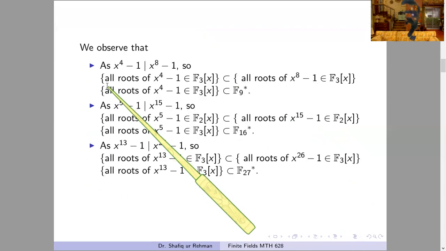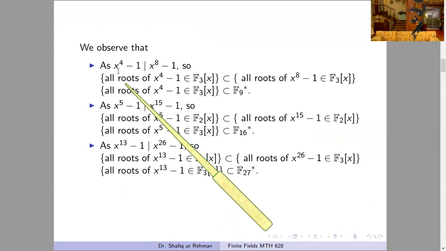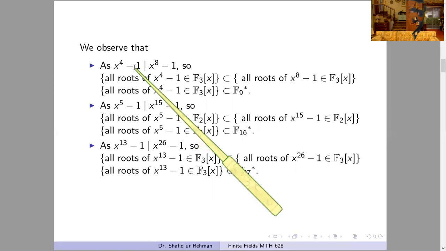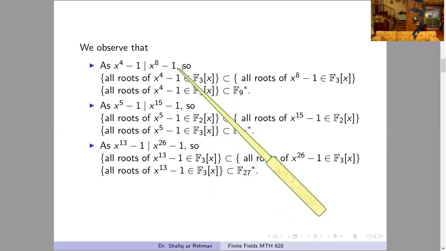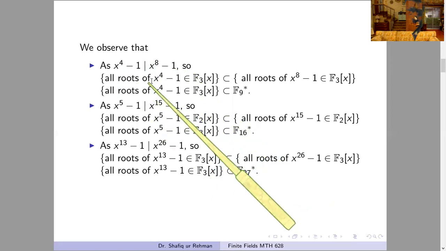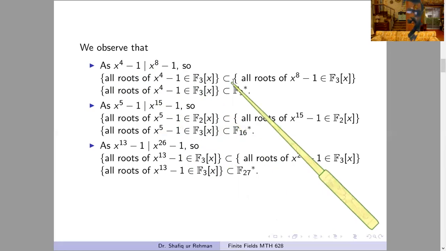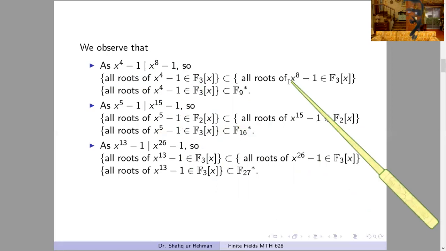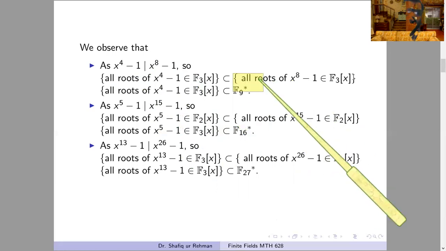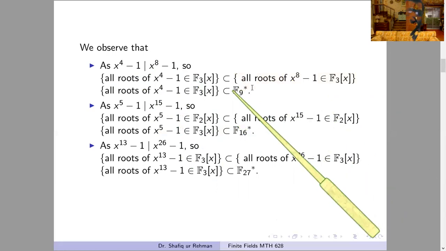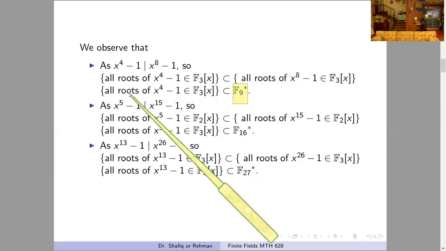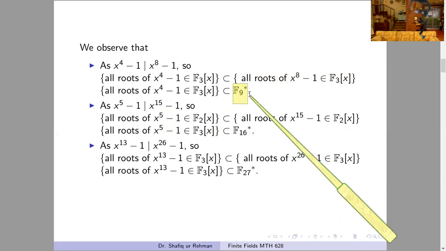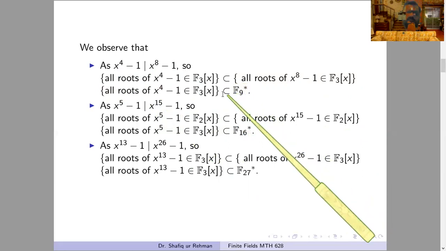And now observe, this is a very important observation, that this polynomial x power 4 minus 1 divides x power 8 minus 1. So all the roots of this polynomial will also be the roots of this polynomial. But we know that the roots of these polynomials are exactly this set F_9 star. It means we conclude that all the roots of this polynomial are also included in F_9 star.